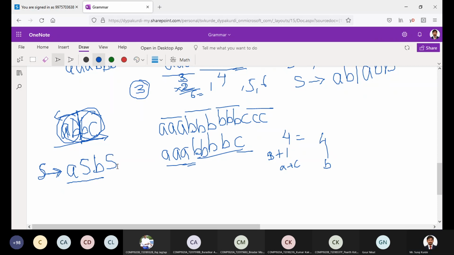So it will be, guess what? Or it is AB, with this part.